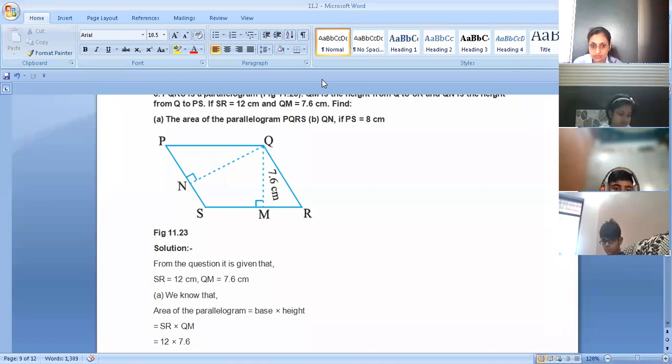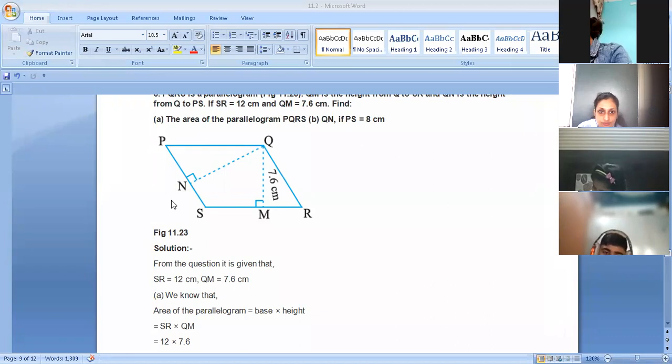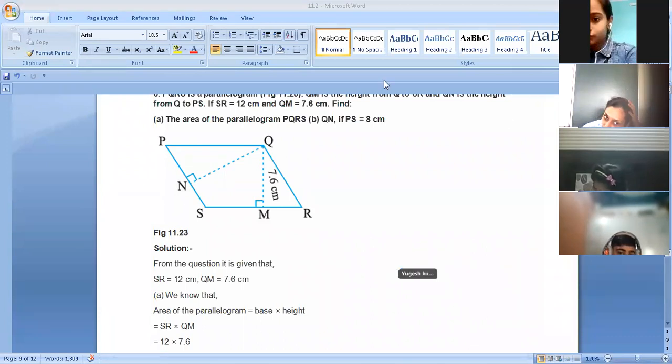Yes, Astha, that's right. What will be the area of the parallelogram? Ananya Jain. Give me the answer in the chat box. 91.2 centimeters square, Jia.